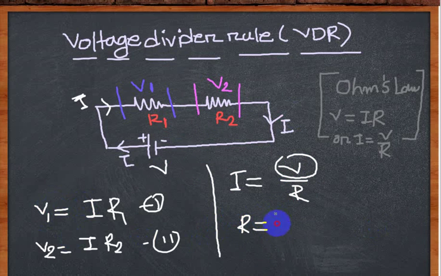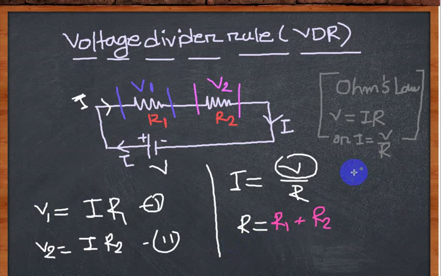Just because this is a series circuit, the equivalent resistance is equal to the summation or addition of all the resistances. We have only R1 and R2, so we can write R equals R1 plus R2.